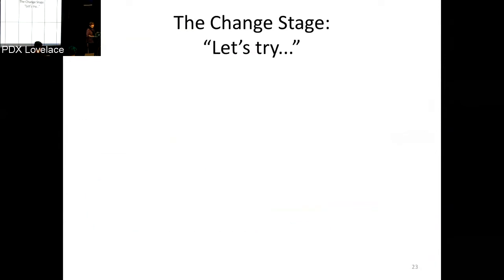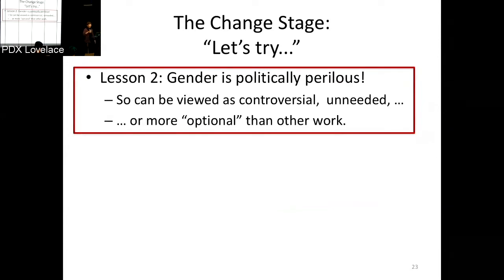After the unfreeze stage, then you have the change stage. Somebody saying, okay, let's try doing something now that we've admitted we have a problem. And so, surprise, gender is politically perilous. Who knew? And so what can happen is people can be afraid to talk about gender biases because they're afraid they're going to offend somebody, or they're afraid they don't know enough about it and somebody's going to say, oh, you don't know what you're talking about, I read something and you're just dumb.